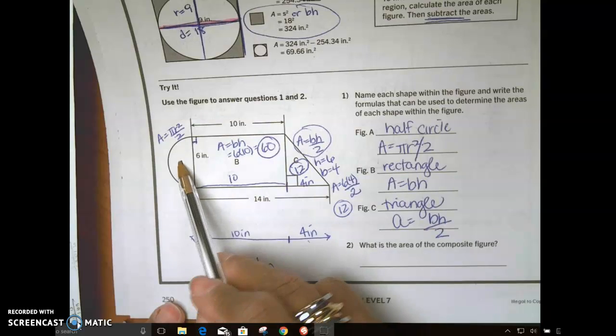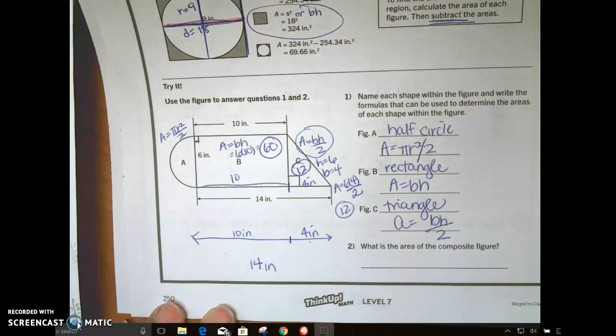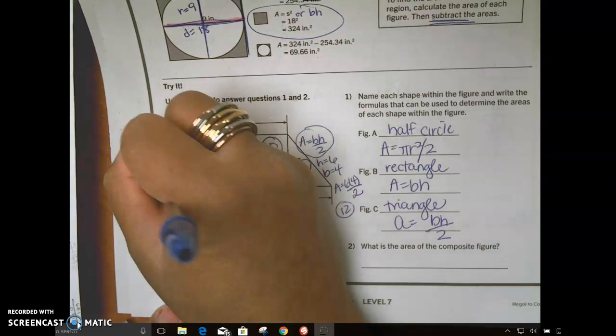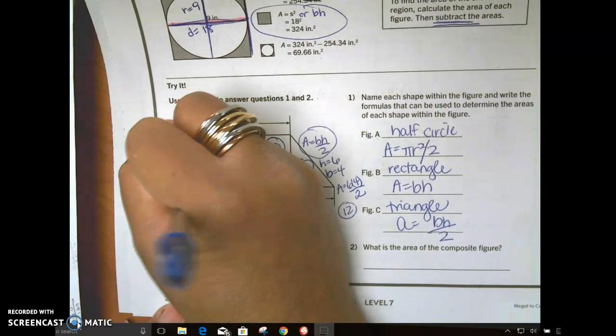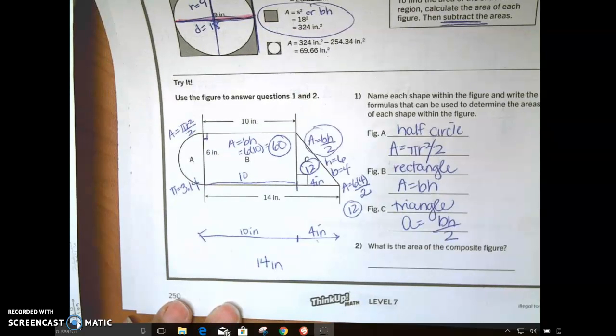Now over here. Pi r squared cut in half. What's pi? 3.14. Trick question. What's my radius? It's not 6.